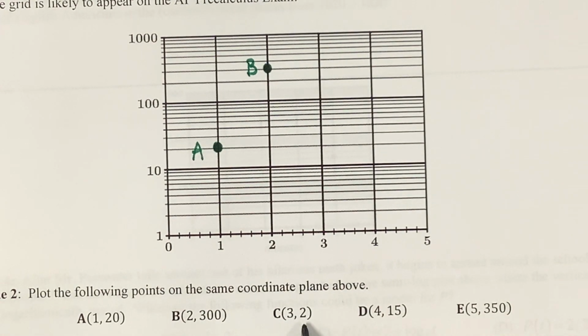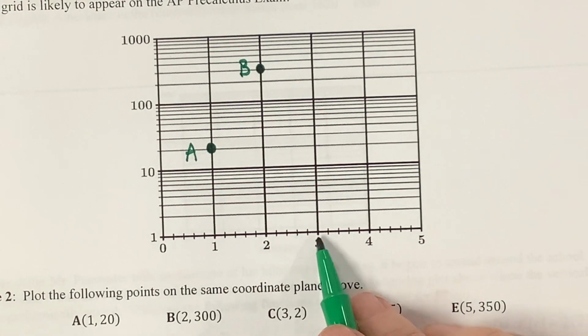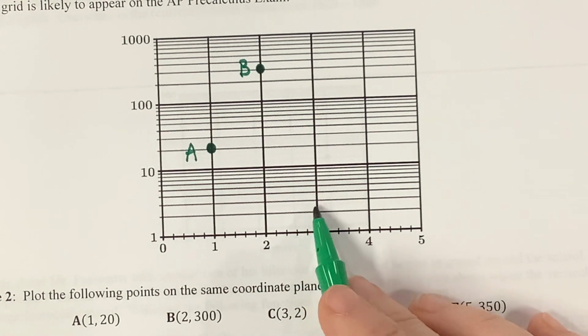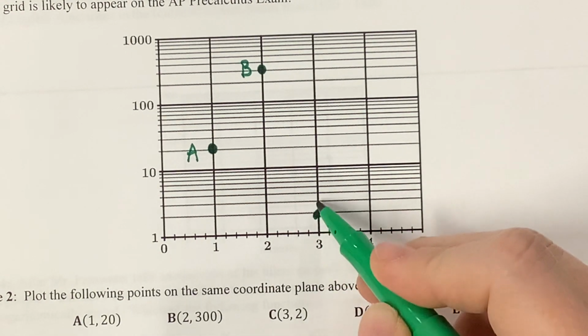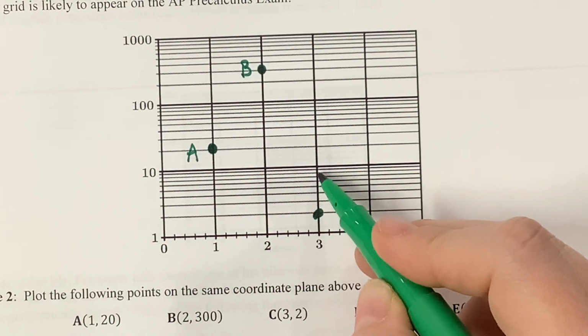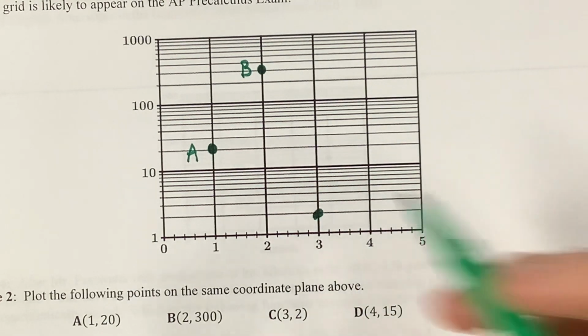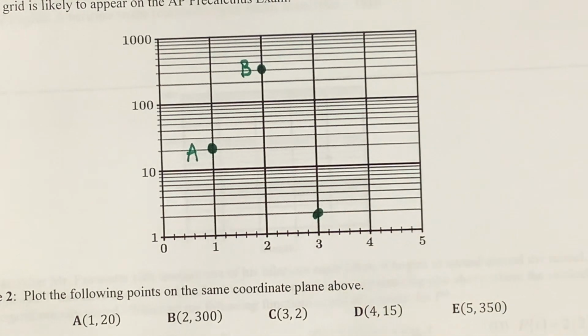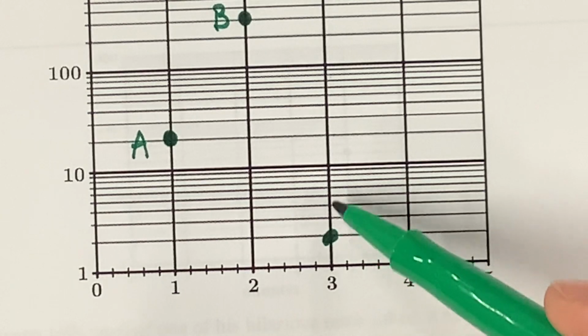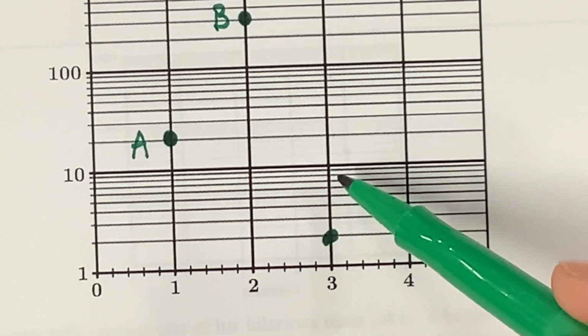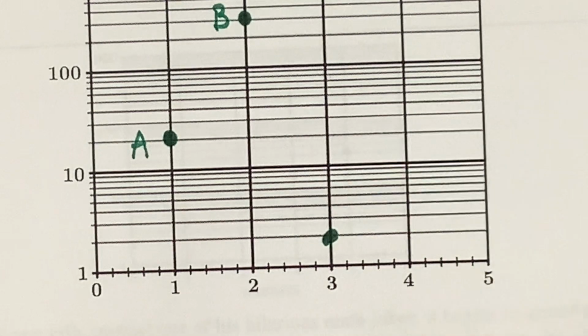The next one, (3, 2), is my point C, so my x value of 3, and now I'm counting. This first line is 1, and here comes 2 right here, because it would be 1, 2, 3, 4, 5, 6, 7, 8, 9, coming all the way up, and then the last one here is 10. Can you see that? Oh my goodness.